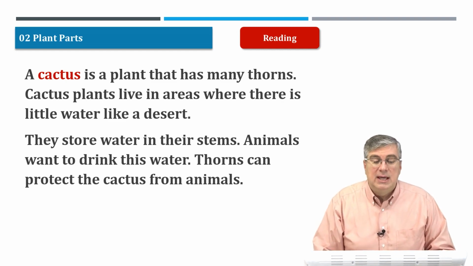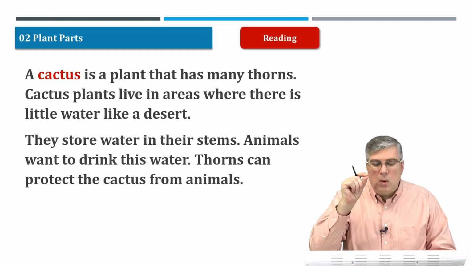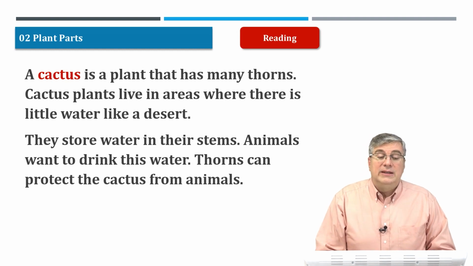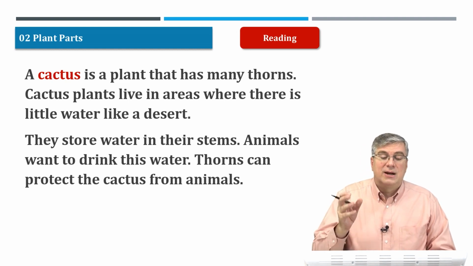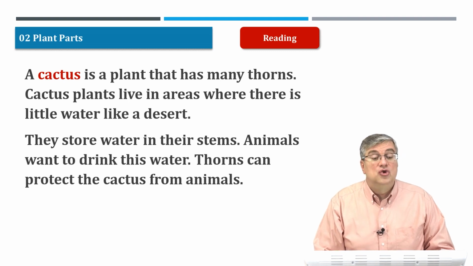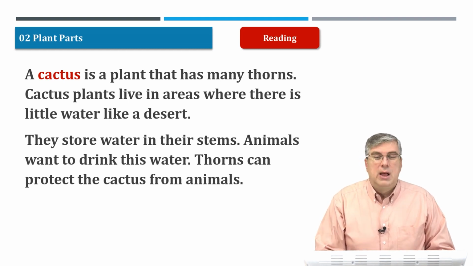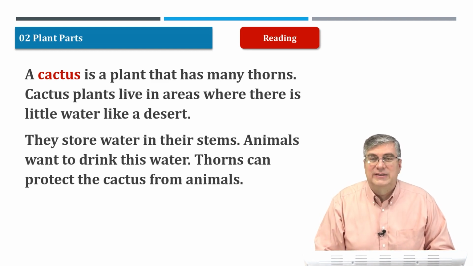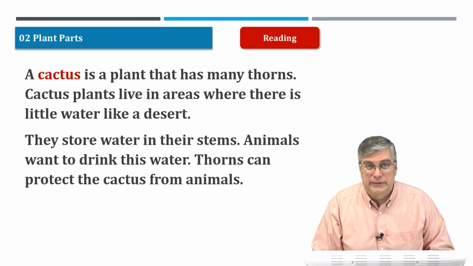Cactus plants live in areas where there is little water, like a desert. They store water in their stems. Animals want to drink this water. Thorns can protect the cactus from animals.